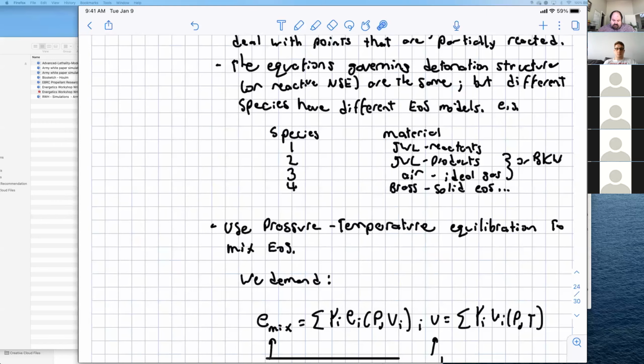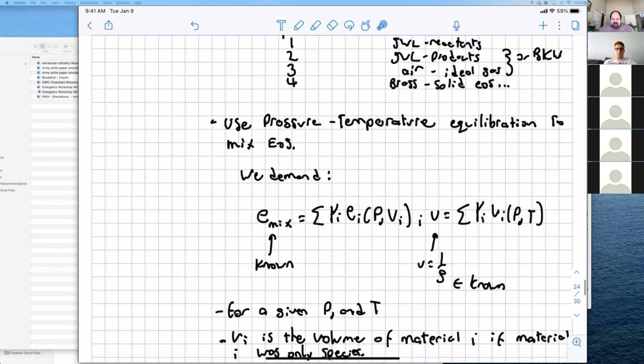And so what we demand is that the mixture internal energy is equal to the sum of the mass fractions times the internal energy computed for species i.